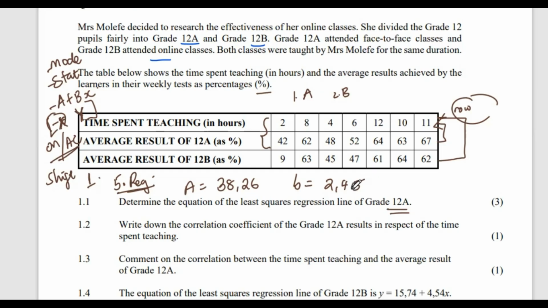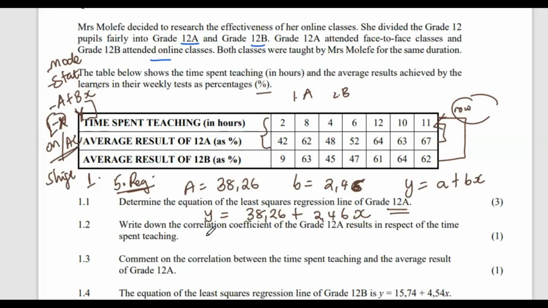Let me just round it off to two decimals. So it's 2,46. So remember, our regression must always be in the form of A plus BX. Okay, so when I write that out, it's going to be 38,26 plus 2,46 times X. So that's all they want there.